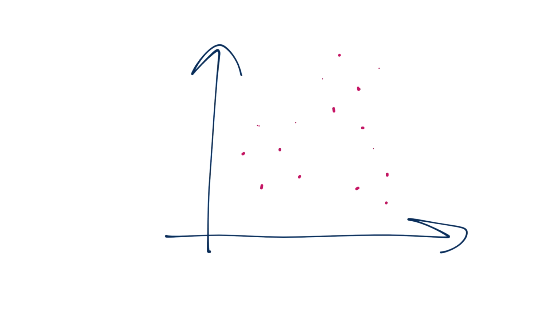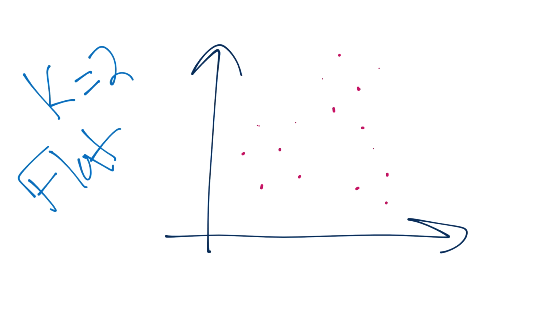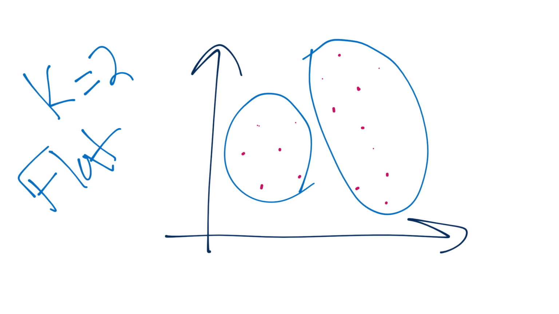And basically, the difference between, say, flat clustering and hierarchical clustering would be the following. So maybe you say to the machine, okay, I want to do k-means, and we're going to say k is equal to 2. So this will be flat clustering. So when k is equal to 2, the algorithm is going to go through and try to find 2 clusters, and maybe it's going to find this, and then it's going to say, okay, this is a cluster.